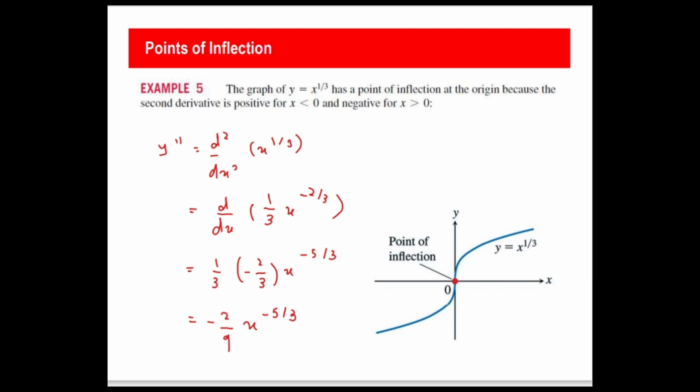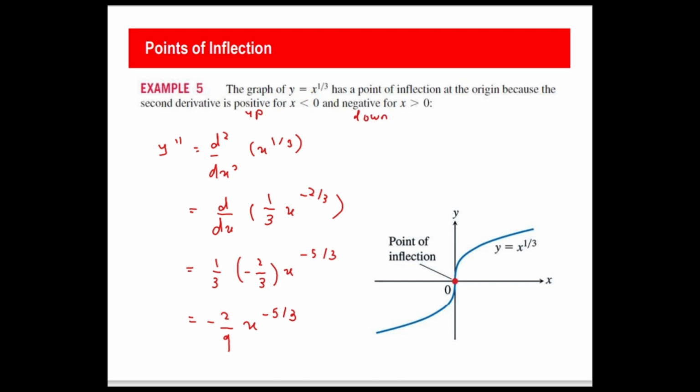Remember the condition that we need there, we have a tangent, so it still has a vertical tangent there, and the concavity did change sign. That is, for x less than 0, it is positive, concave upward, and we have negative for x greater than 0, concave downward.